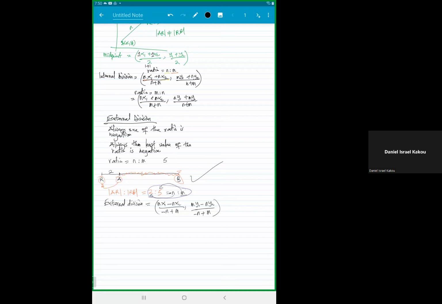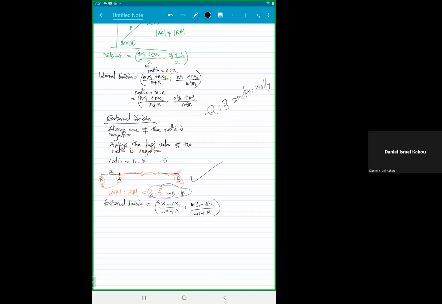They can tell you the ratio is, say, 2:3, and add that it divides it into 2:3 externally. By adding the word externally, it should prompt you that one of these ratios has to be negative. Which of them? The least. Which one is the least? 2. So I have to negate 2 and now apply the normal internal division formula. That's all this is about.